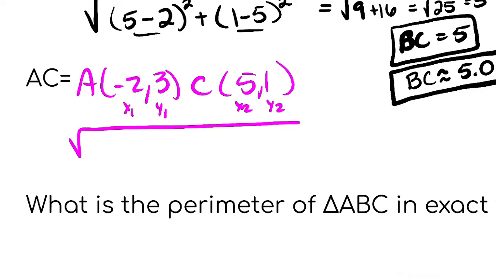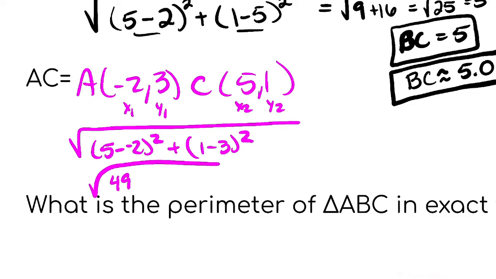Square root of 5 minus -2 squared, plus 1 minus 3 squared. Minus and minus will be adding, that'll be 5 and 2 is 7, 7 squared is 49. 1 minus 3 is negative 2. Negative 2 squared is positive 4. Square root of this will be 53.